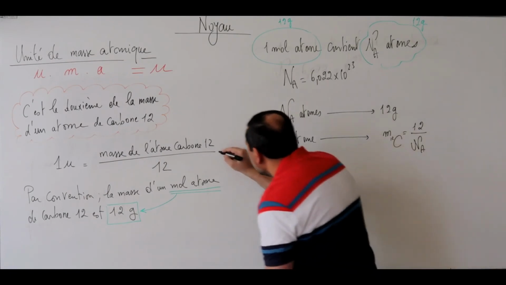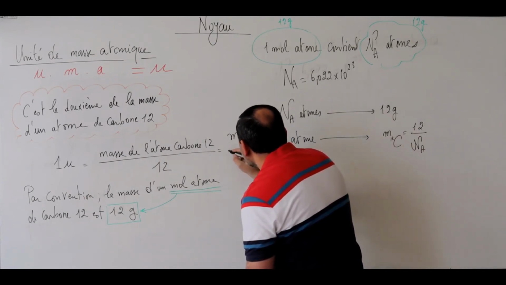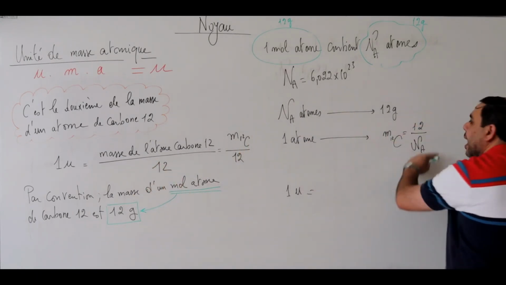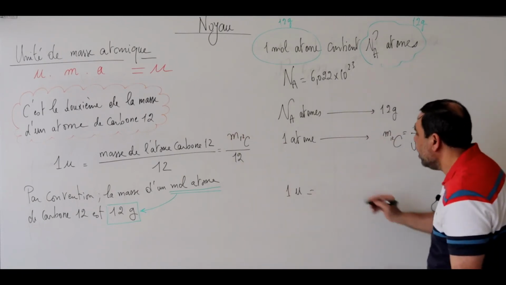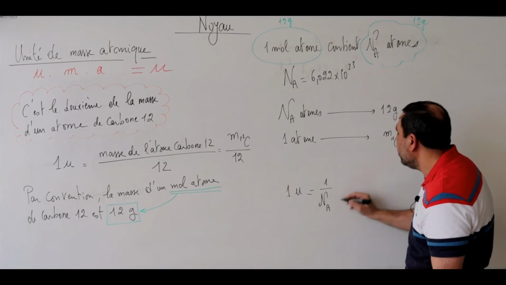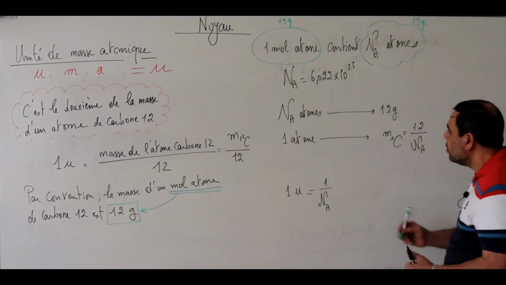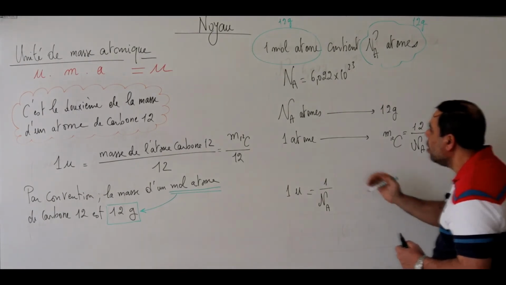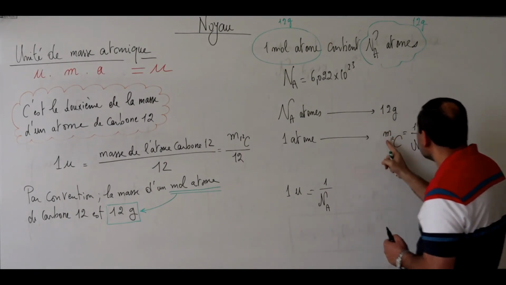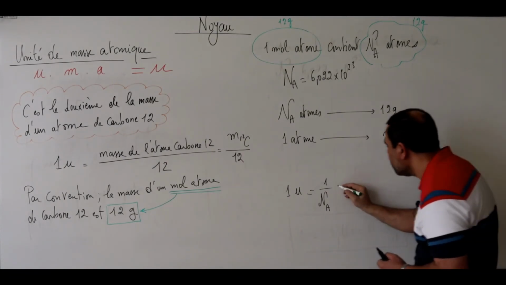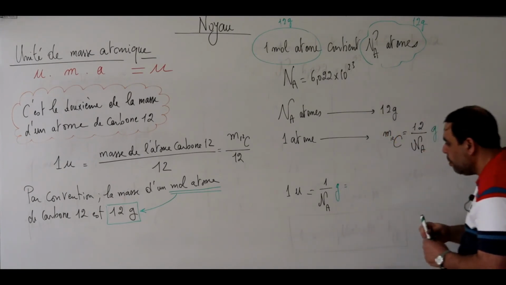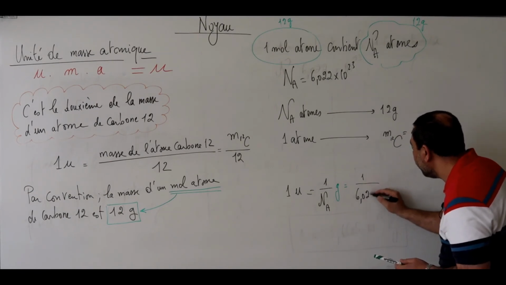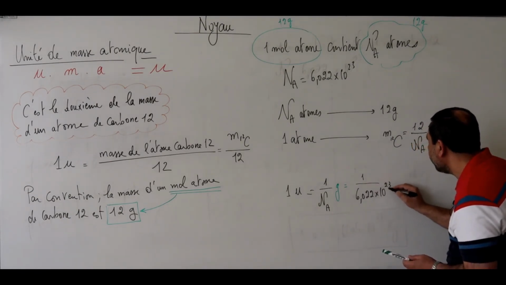As a result, 1 U equals the mass of carbon-12 over 12. Replacing this here, we obtain 1 over Na. Here, the unit is the gram. The answer should be in grams. 1 over 6.022 times 10 exponent 23.